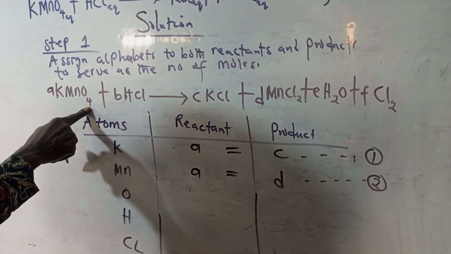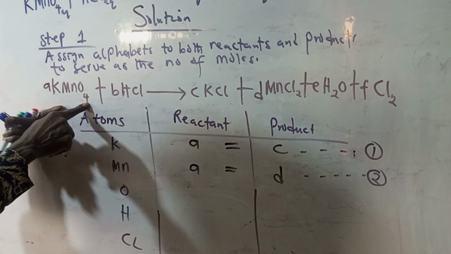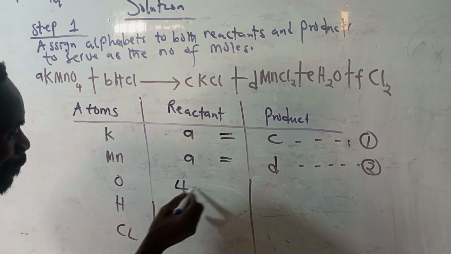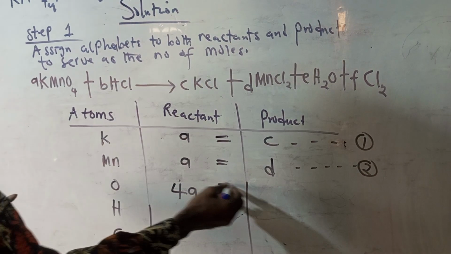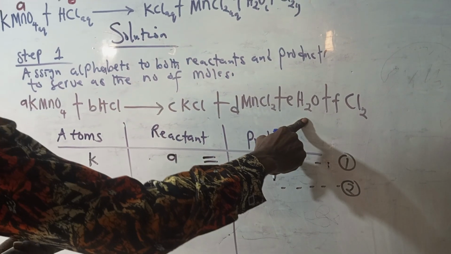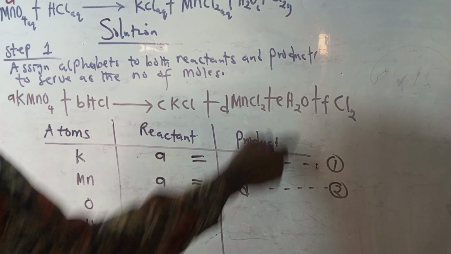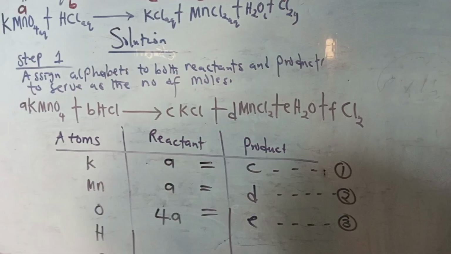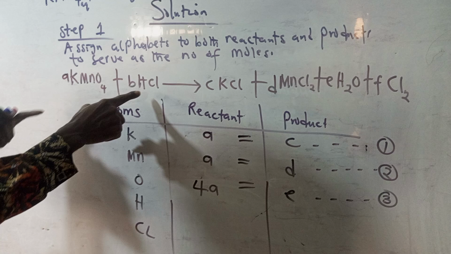Oxygen appears here in A, but here I have 4 oxygen atoms in A. So therefore, for oxygen, I have 4A, and that is equal to oxygen on the product side, which appears only in E, 1 atom of oxygen. So I have E. It becomes my equation 3. And for equation 4, I have hydrogen.